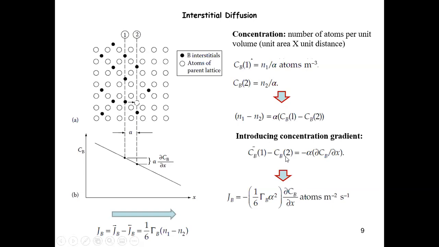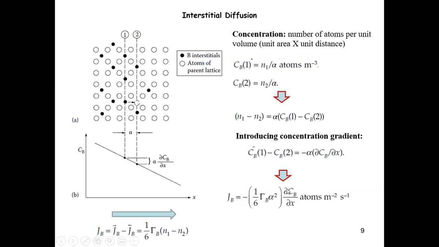But because the concentration of plane 2 is smaller, when we take the derivative, the derivative is negative, right? In order to make the whole thing positive, you have to add a negative sign here. This basically gives you why this negative sign is inherent here.